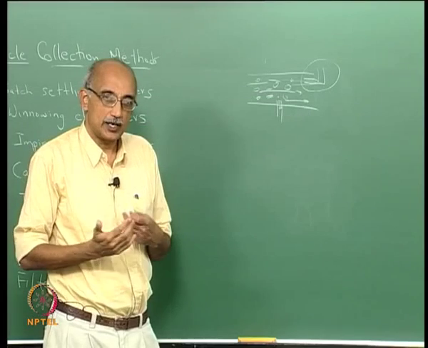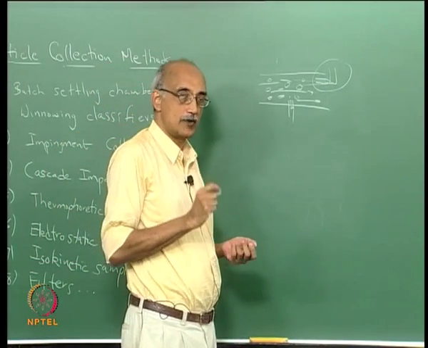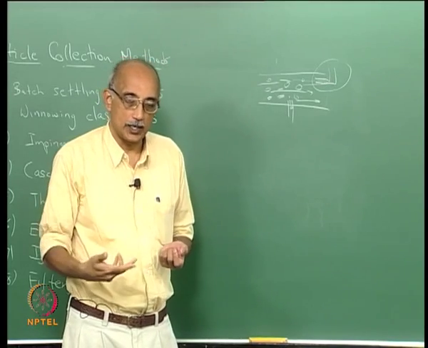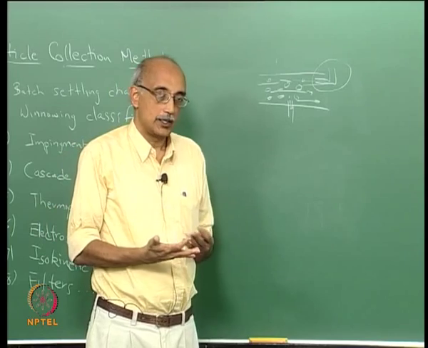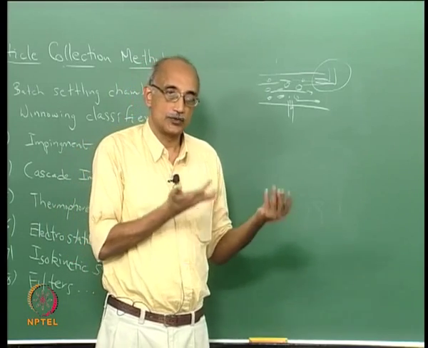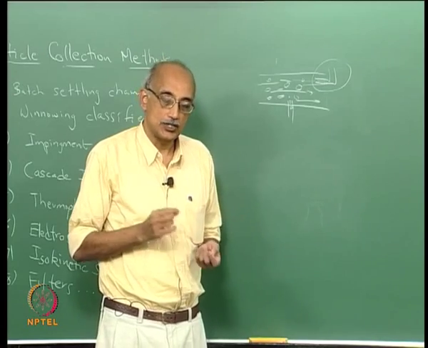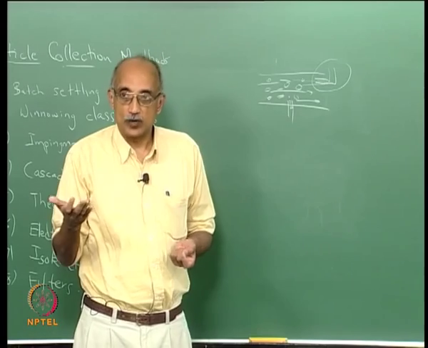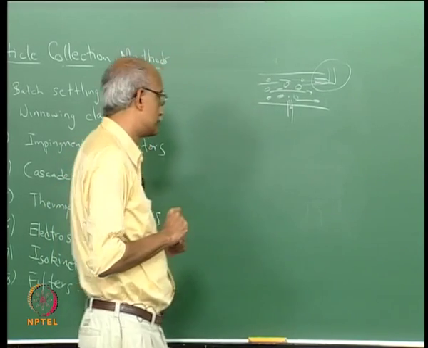So, in a way you are kind of defeating the purpose. So, isokinetic sampling refers to the fact that the way you collect particles for your analysis must be such that your sample is as representative of the original fluid system as possible. And isokinetic sampling, which literally means sampling at the same velocity, is one way of ensuring that happens.